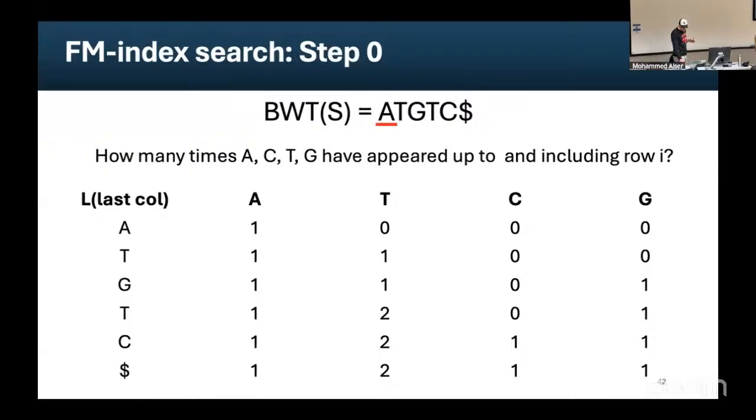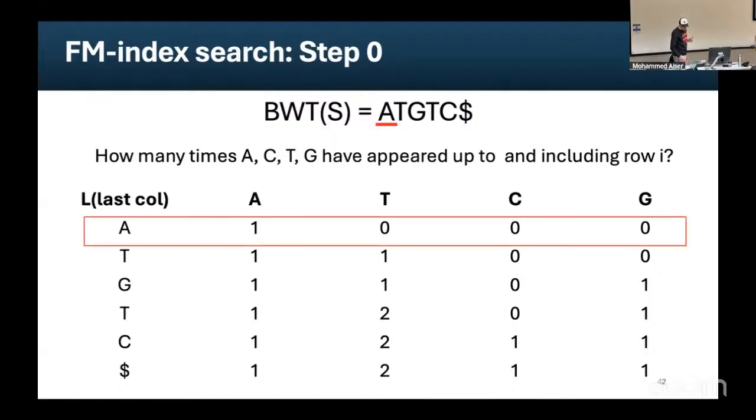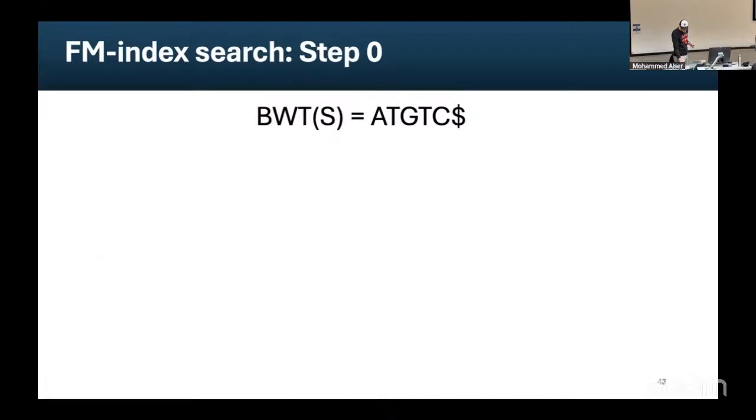Row i is the first character. So we store how many A's have appeared up to and including A: just one, because we count A. How many T's appeared before the first character A? 0. How many C's? 0. And just like that, we build the occurrence table.